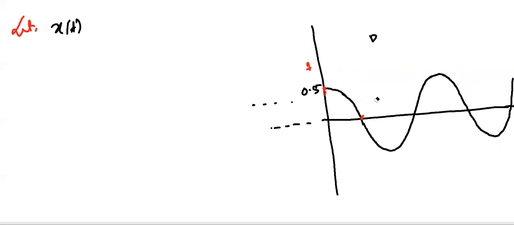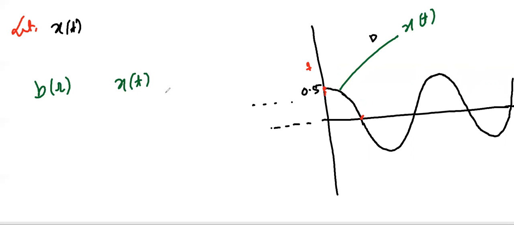Okay. And now what we can do for the B part, B omega, we have already known that it is equal to x(t). First of all, yes, we have that signal. This is our x(t), and then multiplied with sine omega t.